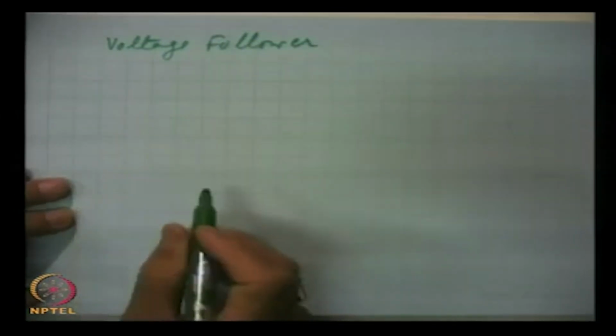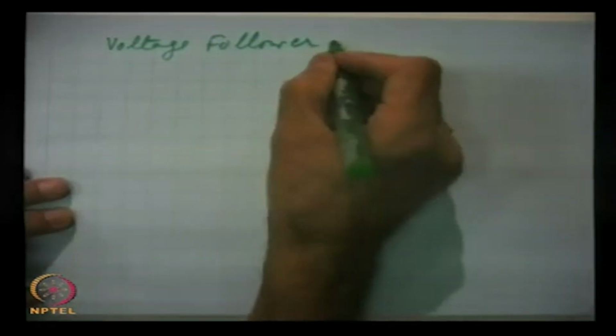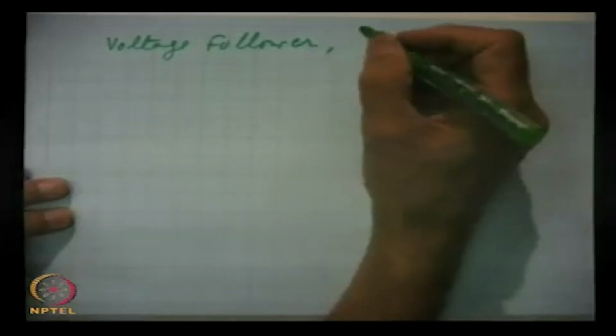The case of a voltage follower, for example. Voltage follower, this is one, and another one which we can study is the current to voltage converter.